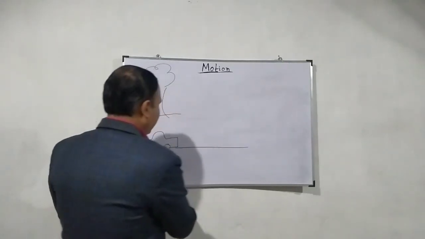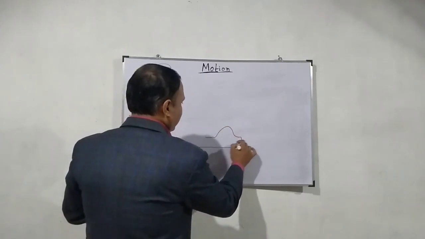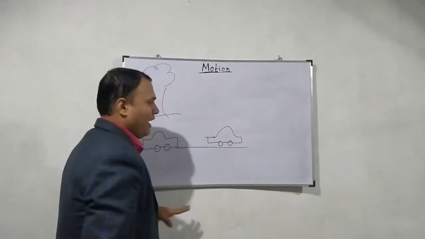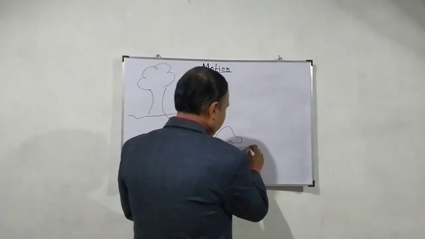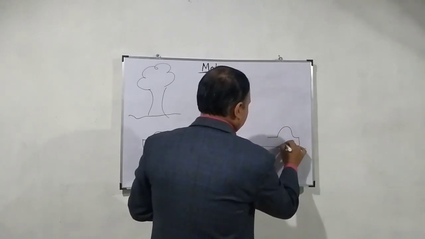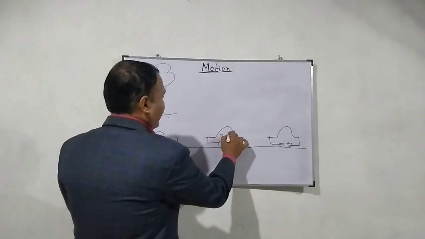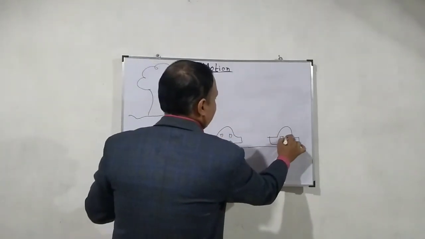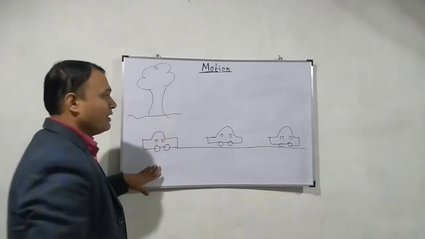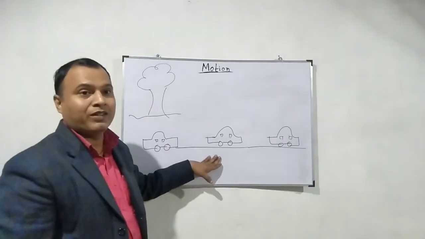Now the car is here, and after some time the car is here, and again after some time the car is here. So this car continuously changes its position with respect to time. So that car is said to be in motion.